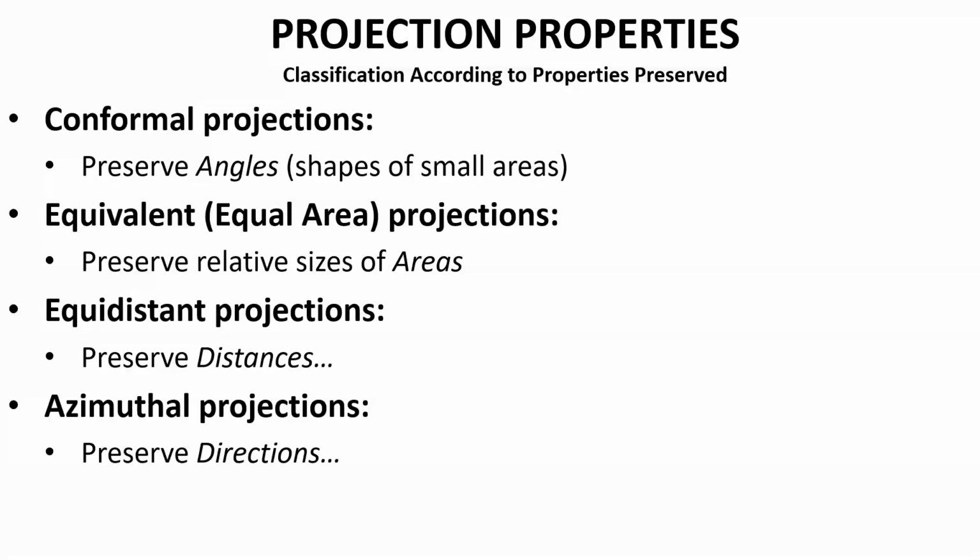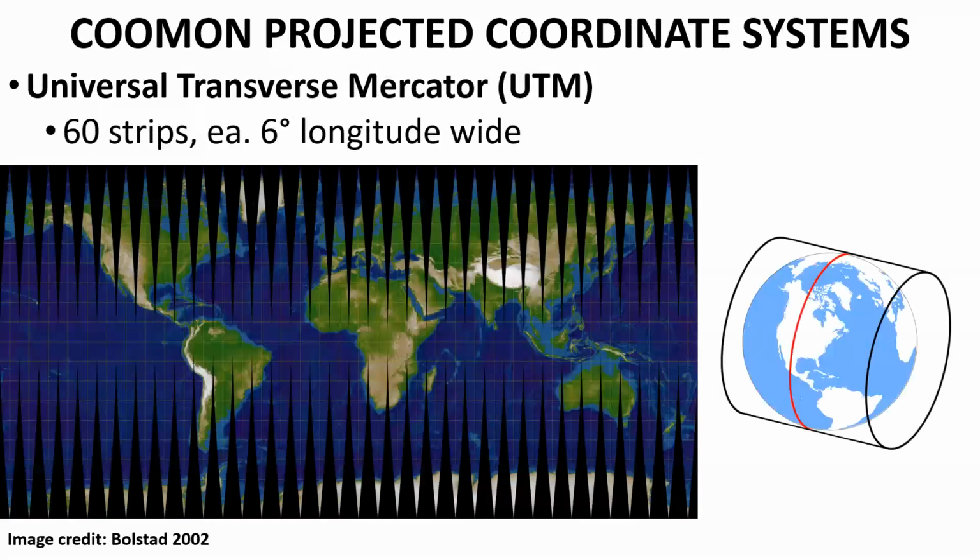We also have the equal area or equivalent projections, which preserve the relative size of area. The Albers is one of these projections. We also have equidistant, which preserves distances, and azimuthal, which preserves directions.